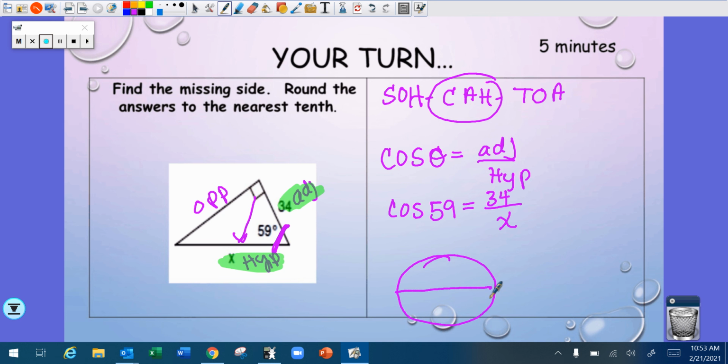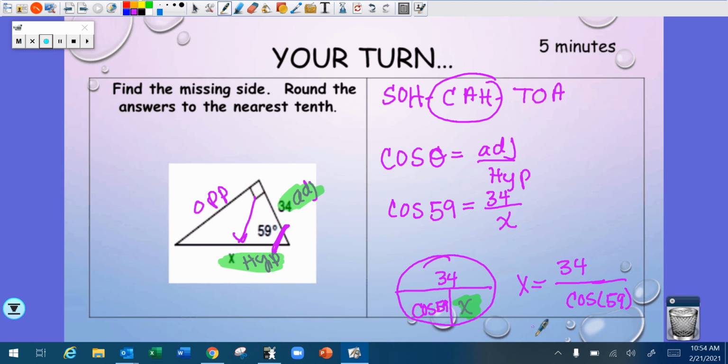You probably got the hang of this by now. So x equals, and you write exactly what you see, 34 over cosine 59.